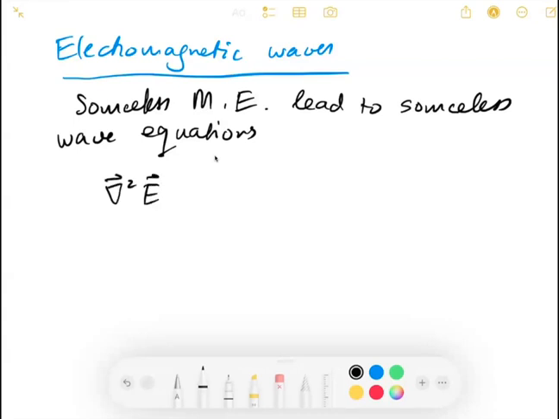wave equation for E, and it's 0. And of course, we can also write this as the D'Alembertian of E being 0.